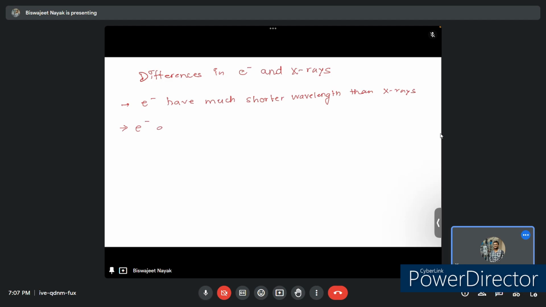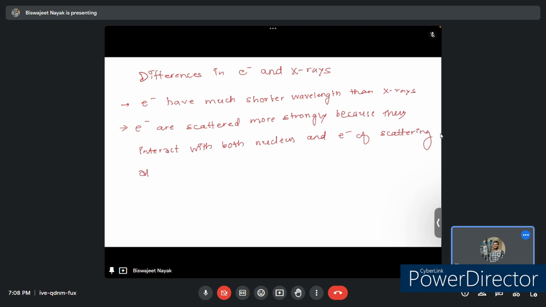Electrons are scattered more strongly because they interact with both the nucleus and the electrons of the scattering atoms through Coulomb forces.